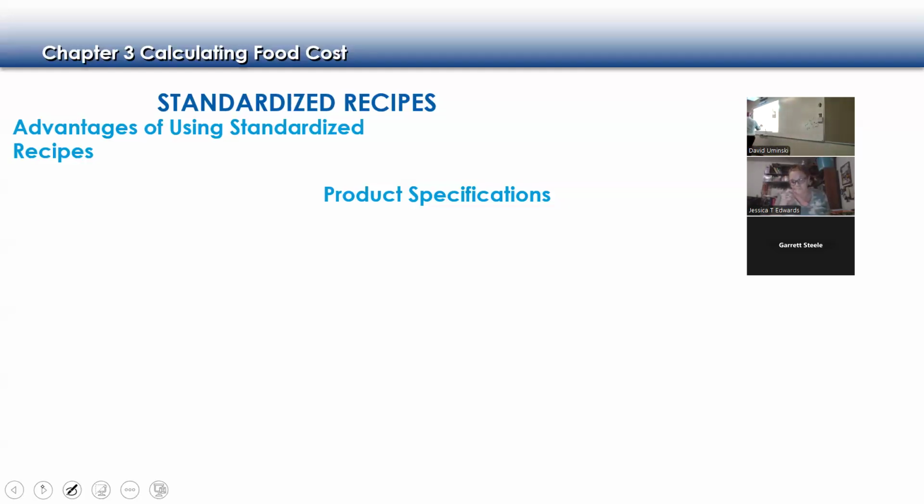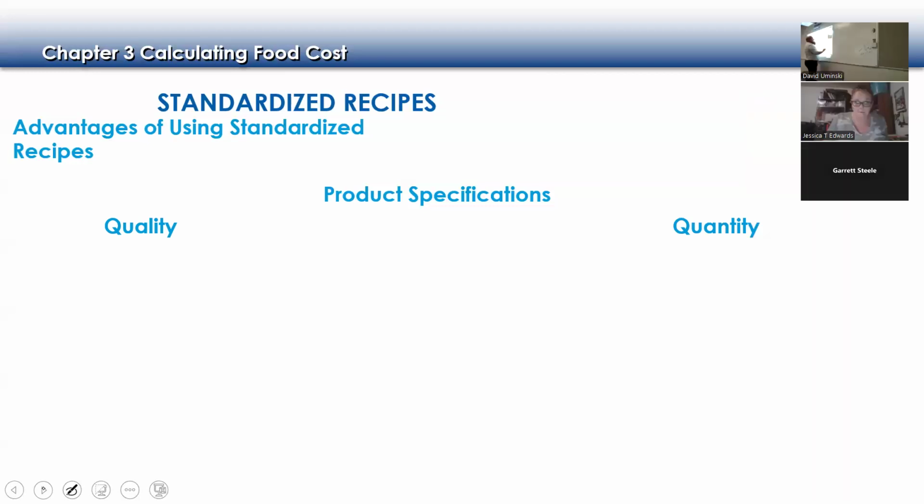It also, like you mentioned before, helps us know what to order. So we have two different types of specifications when it comes to the products that we're ordering: quality and quantity. Quality is things about the product itself, and then quantity is how much do we actually order.